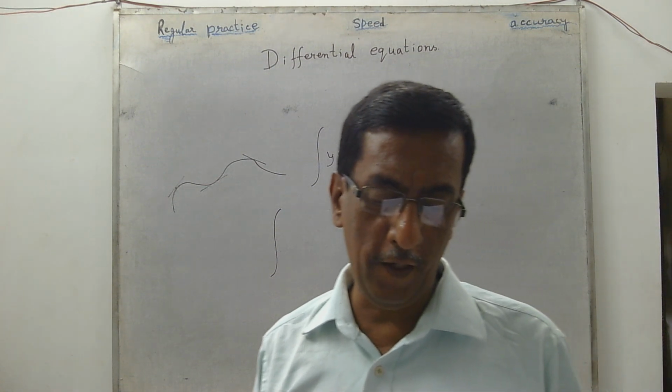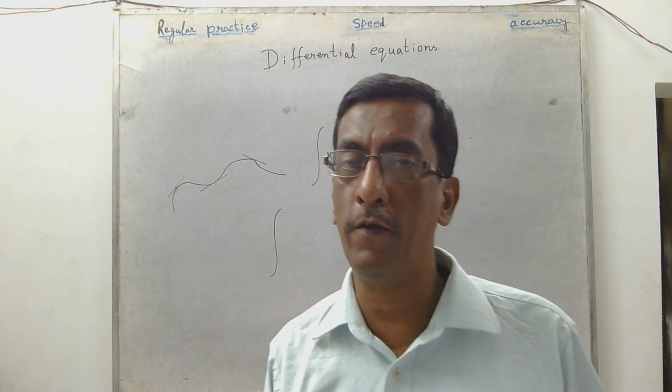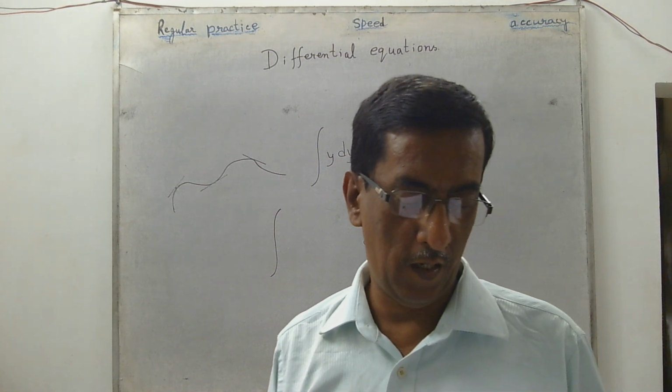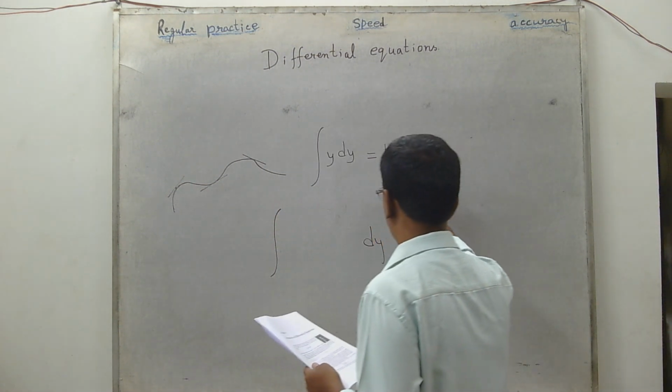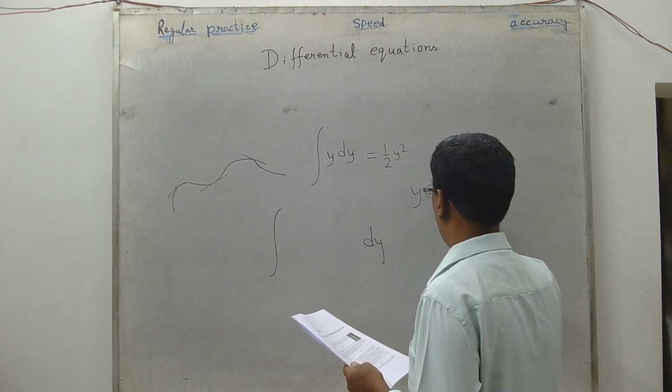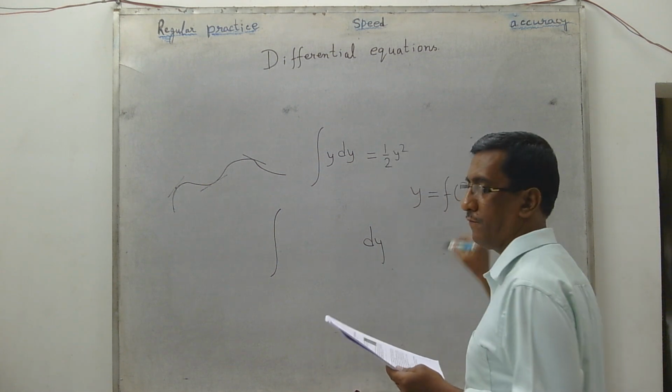If the independent variable is x and the dependent variable is y, then y can be written as y equals f of x, function of x.